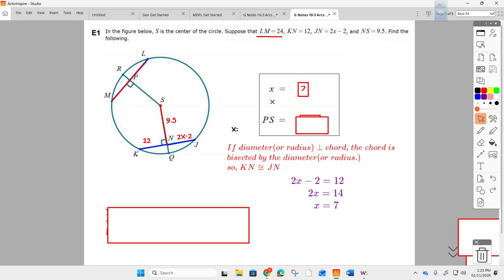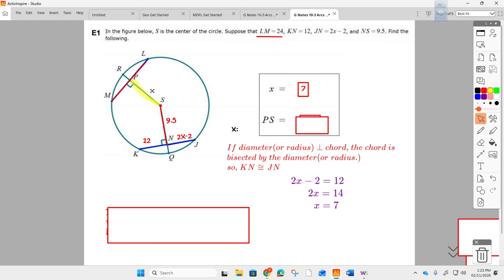The other thing they ask us is for the measure of PS. So PS is from here to here. Can anybody tell me what the measure of segment PS is here? Be sure you can tell me why. That's 9.5. So how long is PS?